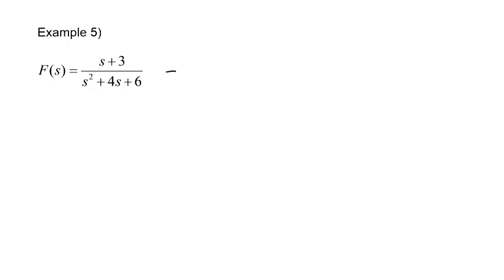All right, so let me just keep the numerator the way it is. Now let's just work on the denominator rewrite, okay? So s squared plus 4s, I'm going to pull that part out separately, plus 6. Same exact fraction, just grouped a little differently. So to complete the square on s inside the parentheses, I would need to add half of b squared.